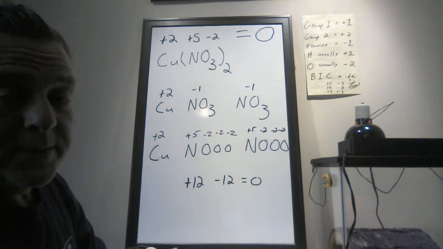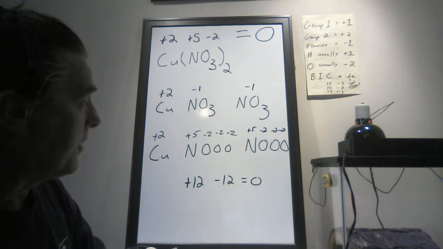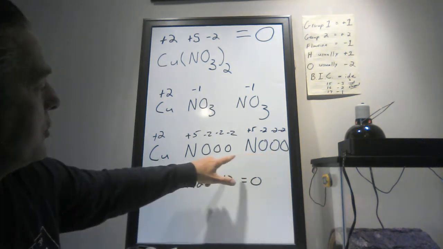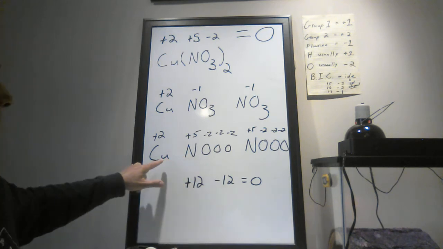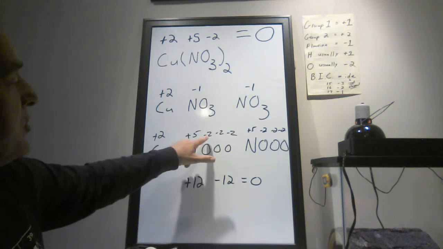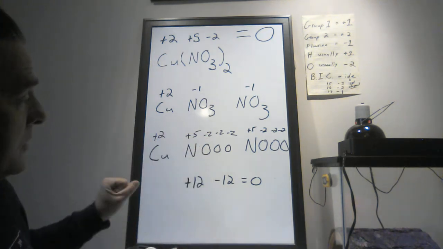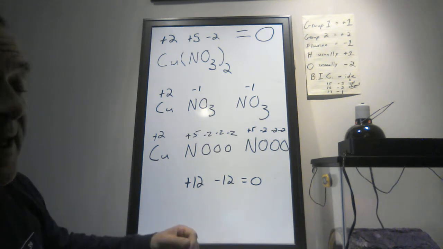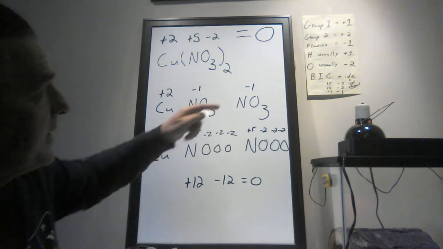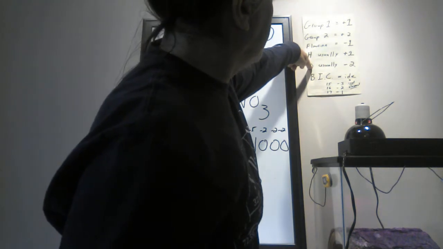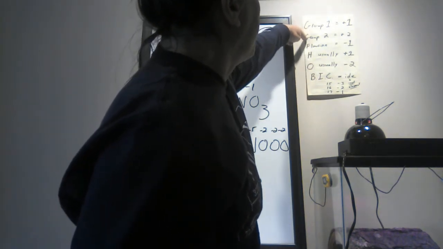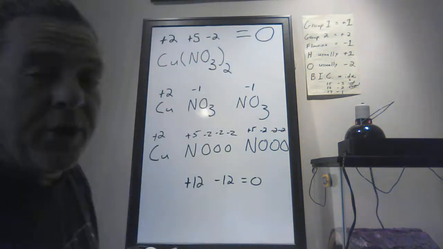-1 does not come up as a possible charge for oxygen here because the oxygen rule is stronger than both the nitrogen rule and the copper rule. So oxygen would not be a -1. The only time oxygen is going to be -1 is if it's with rules that are above it. Oxygen's always going to be -2 unless hydrogen, fluorine, group 1 and group 2 are there with nothing weaker.